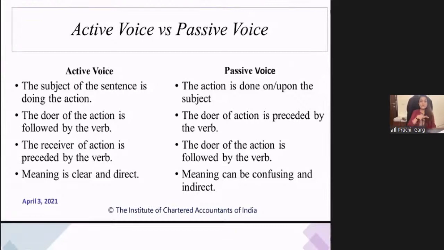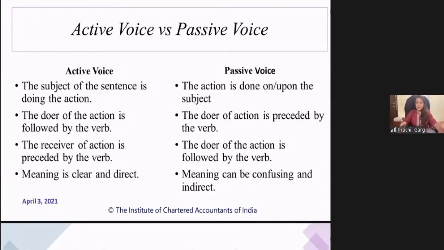In an active voice, the subject of the sentence is doing the action. So, active voice is clear, straight, and direct. Our focus is on the subject. The subject is the doer of the action. But in passive, the subject is the object, on which the action is taking place. The object, the thing that the action is taken upon, becomes the subject in passive voice. In active voice, the doer of the action comes before the verb.